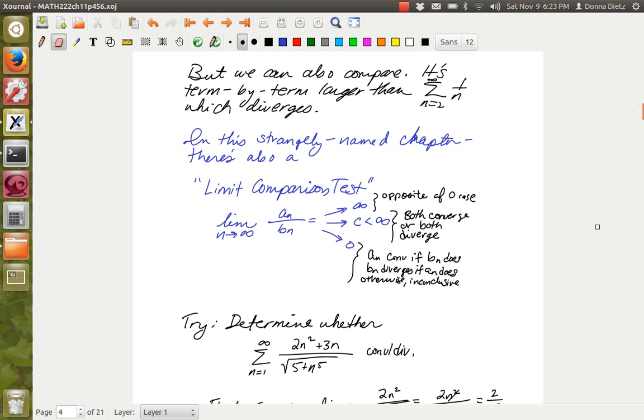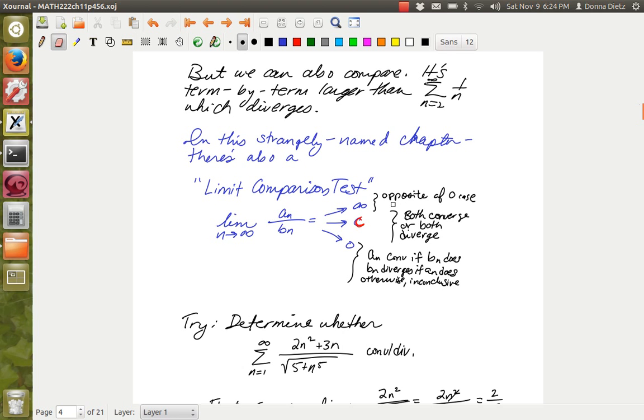If it goes to a constant, which the mathematicians say is less than infinity, and that confuses a lot of students, just think of it as going to a constant. It just means it doesn't go to infinity. If it goes to a constant, then both series either converge or diverge.